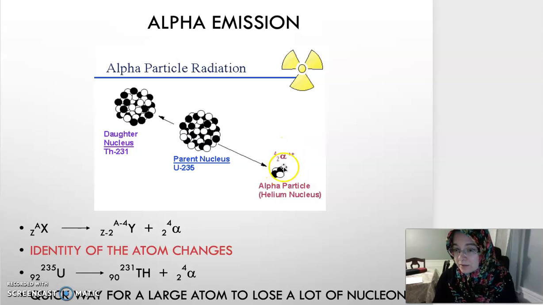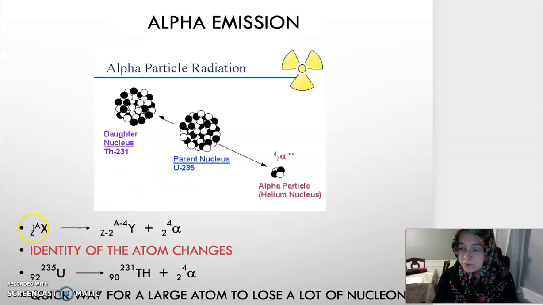That is the alpha particle. Positive 2 means there are no electrons in this alpha particle. So after the parent nucleus goes through alpha emission, it's going to give off an alpha particle and a daughter nucleus, which is a new element now. It is a new element because there is a change in the proton number. Remember, all elements are unique because they have different proton numbers.